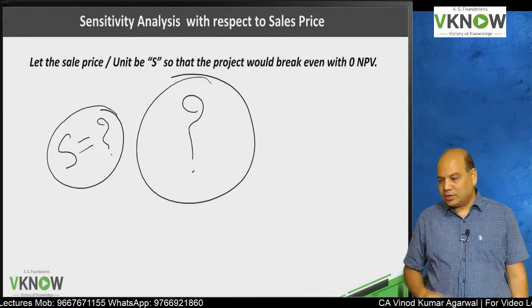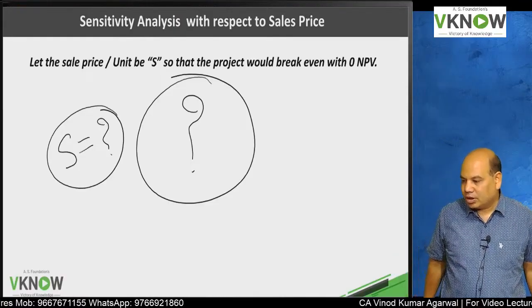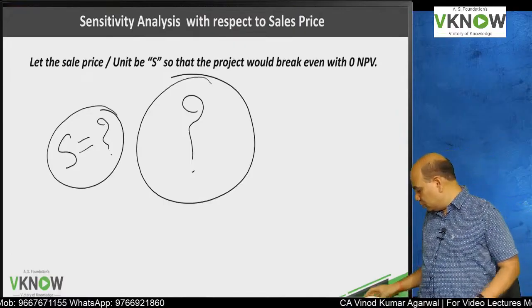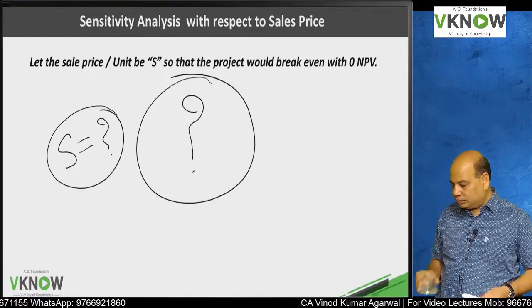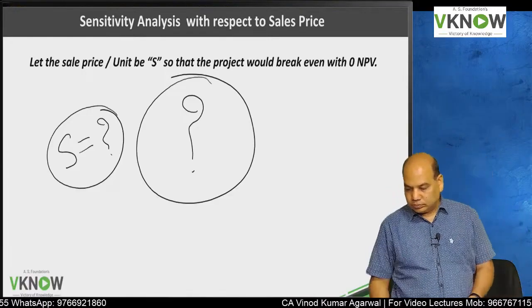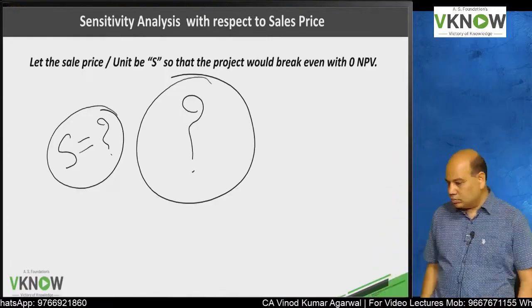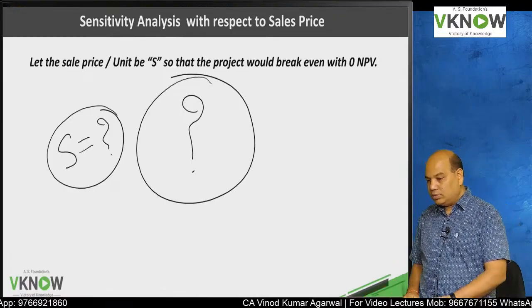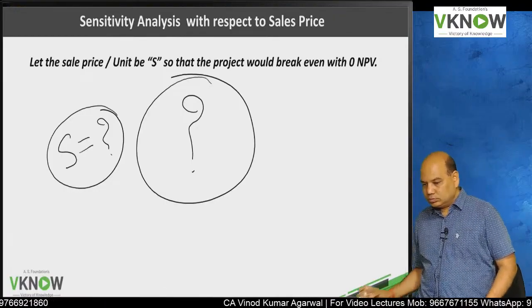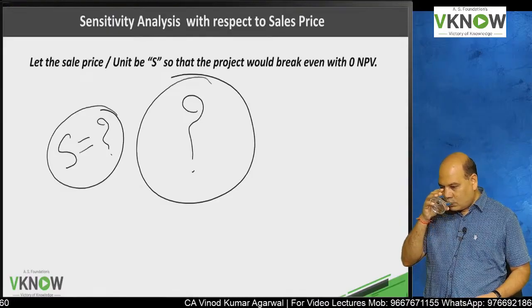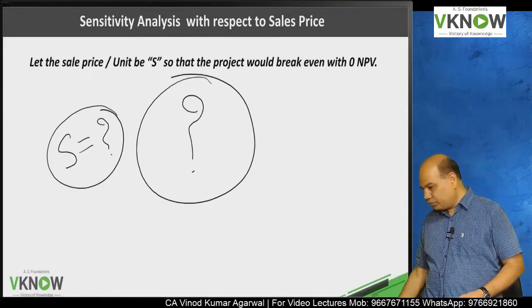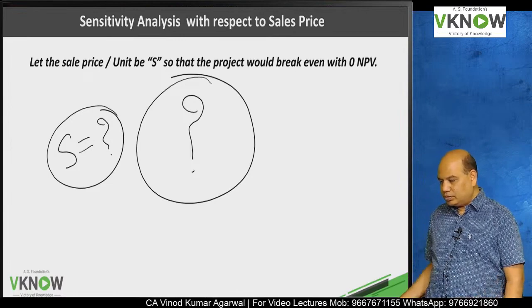What is the selling price per unit at which NPV will be 0? Done? Please reply.